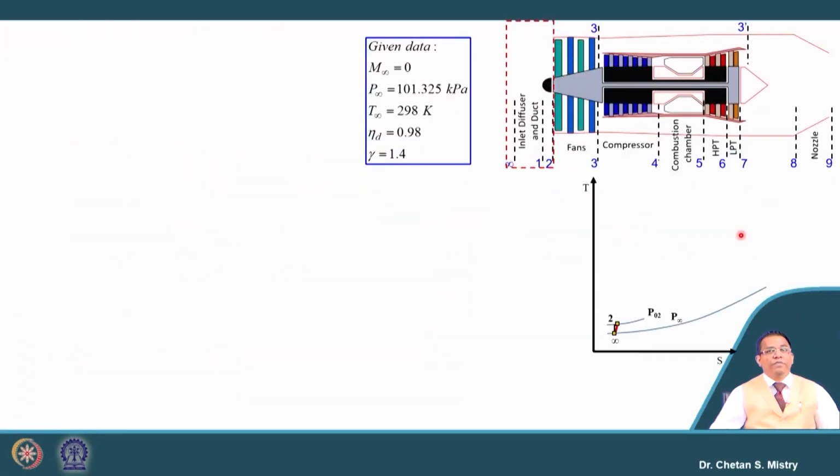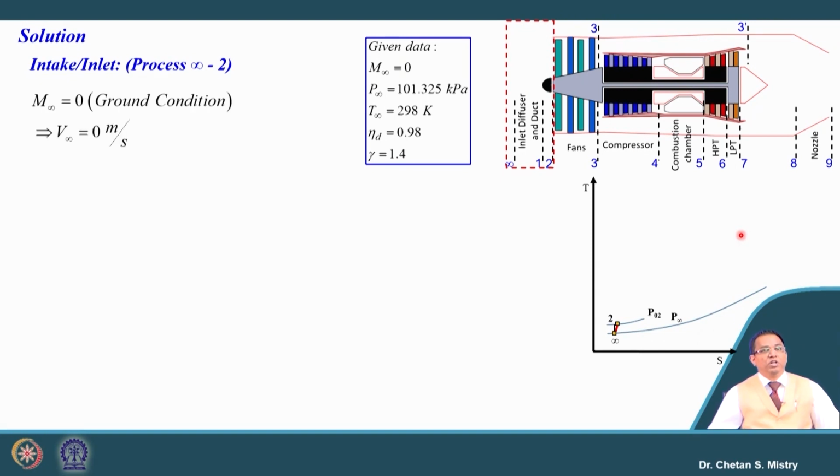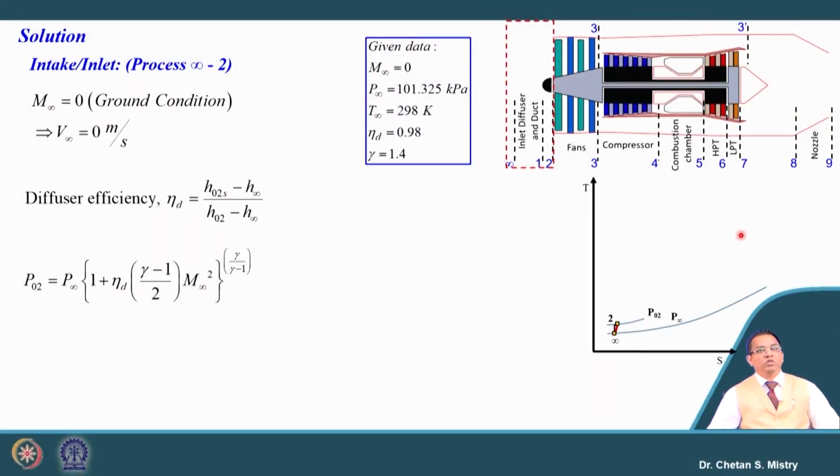The component we have is our intake, and for this intake the information given is M infinity is 0. Static pressure and static temperature are known to us, and diffuser efficiency is given as 98%. Since my M infinity is 0, the flying velocity will be 0, and based on our diffuser efficiency correlation we can calculate the exit pressure from this diffuser.